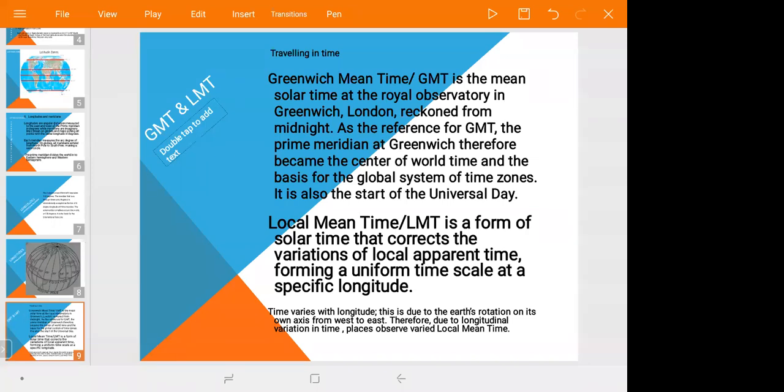For example, if it is midnight for someone in London, which is at 0 degree longitude, and another person, Mr. X, is living at 180 degrees east, like Japan, is the time the same? Can the time be the same?